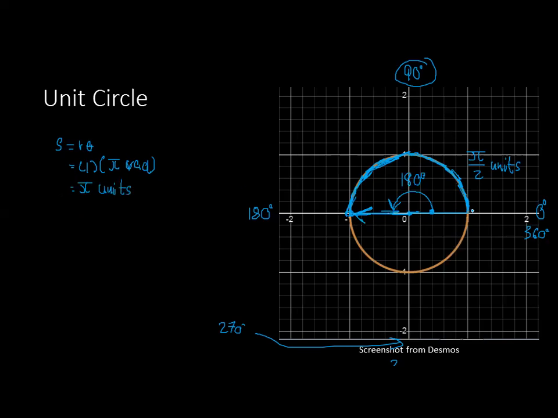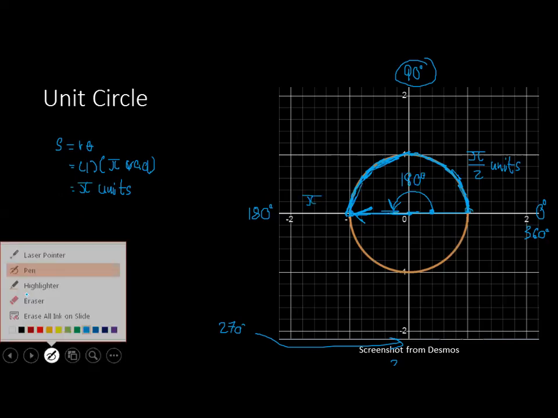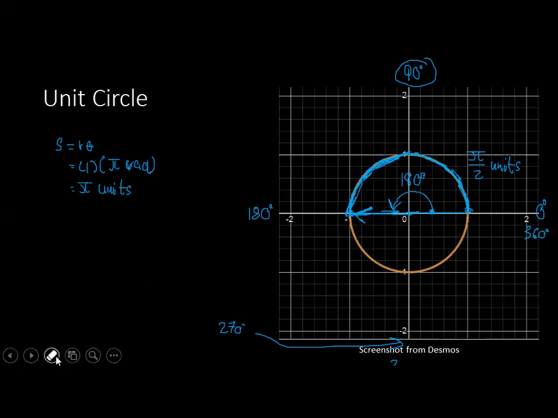That means from here going there, you will form pi units. That's basically the length of the semicircle, or in other words, the arc length of the circle when you form 180 degrees.